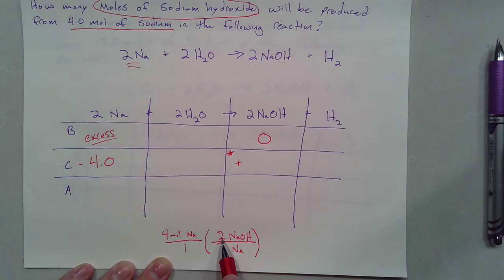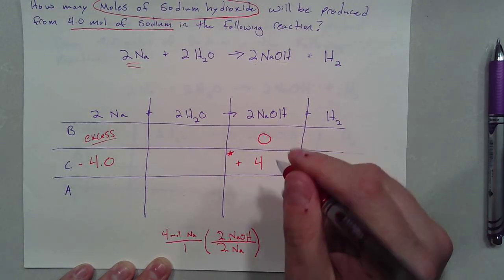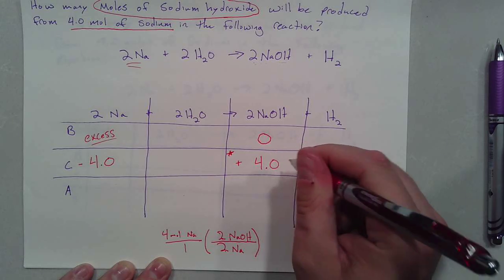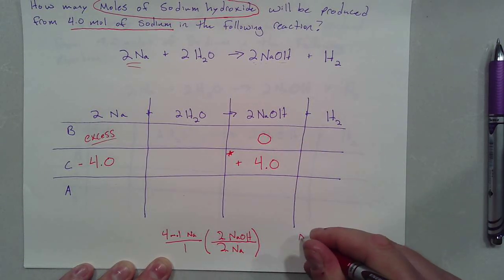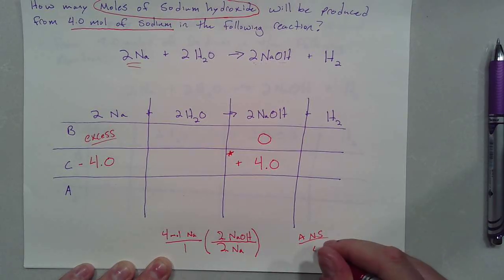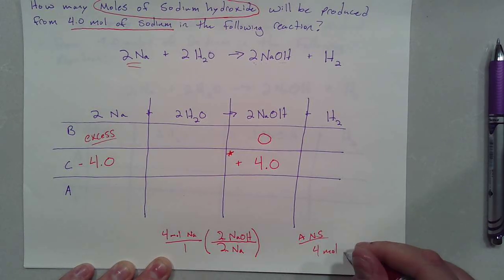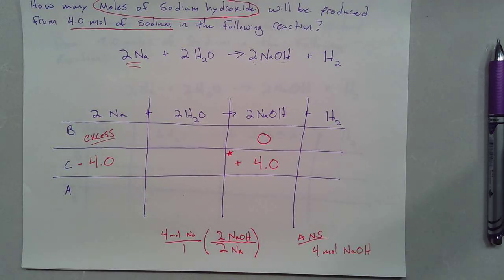So 4 times 2 is 8, divided by 2 is 4. So I'm still going to have 4 moles of NaOH. So my answer: 4 moles of NaOH. So nice and simple. It's just right and direct. So that way we have a good quick answer here.